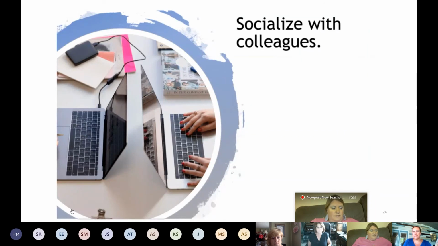Be intentional about it. Maybe you take 10 minutes each day to walk down the hall and meet a different teacher, because we don't want you to isolate yourselves. And now more than ever, teacher collaboration is going to be really important, and being there for one another emotionally. So be intentional about this.